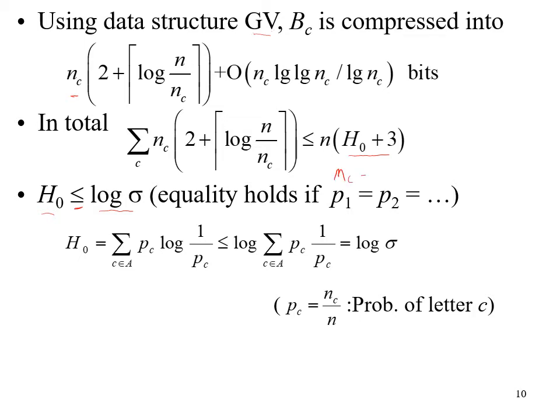P C is the probability that the character C appears. So here P C is N C divided by n, plus 1.